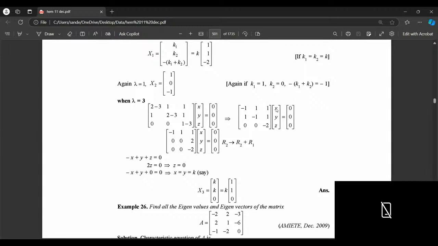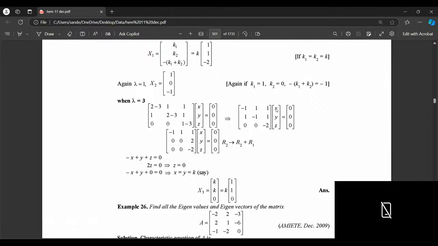First row minus 1, 1, 1. Second row 1, minus 1, 1. So you find the third eigenvector. 3 equations you will get. Minus x plus y plus z equal to 0.